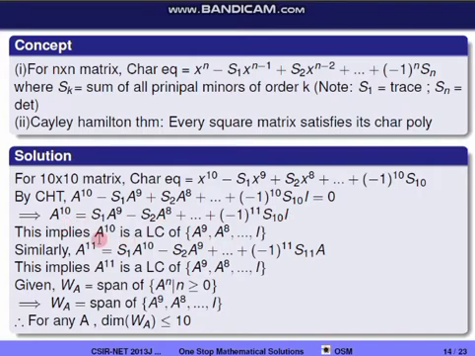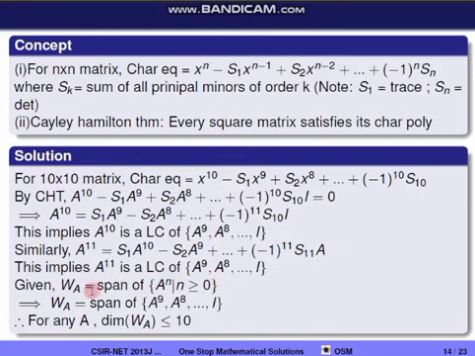So we know that A^10 is a linear combination of A^9, A^8, etc. up to A, I. Similarly, if you multiply this equation by A, we get A^11 = s1 A^10 - s2 A^9 + etc. up to (-1)^11 s10 A. Now we substitute A^10 and rearrange to get the coefficients of A^9, A^8, up to A, then I. So this implies A^11 is a linear combination of A^9, A^8, etc. up to A, I. We have that WA is the span of the set of all A^n such that n is greater than or equal to 0.